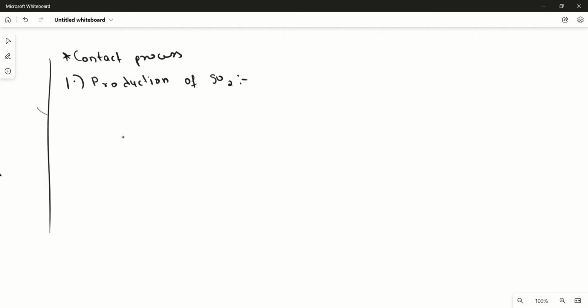Whenever I write chamber, I'll write C dot A, by which I mean chamber A. Chamber A is called the blower, and it is for the passage of air or oxygen. It's just to push air.